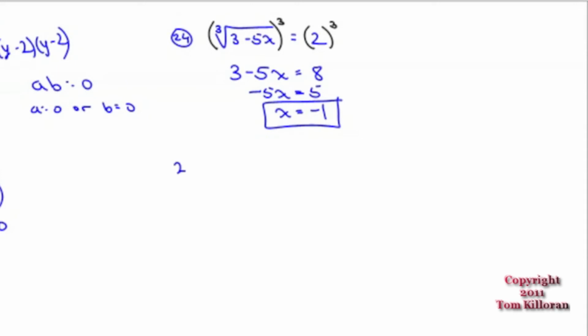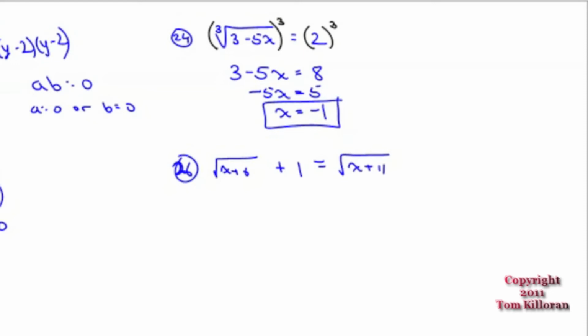This is probably the hardest it'll ever get. Unless they have some nastier ones in the next one. They have worse ones. 26 is bad enough as it is, though. Square root of x plus 6 plus 1 on the outside is equal to the square root of x plus 15.